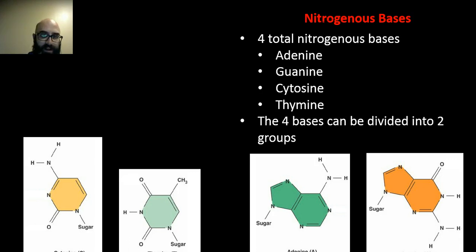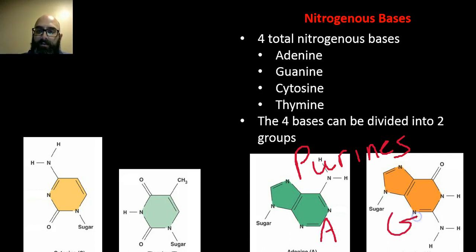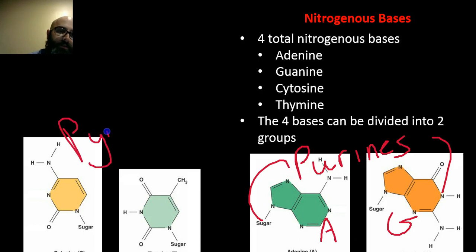The purines are the ones that have two rings. So together, these two things form a category called purines. That would be the adenine and the guanine comprising the purine group. The other group that is composed of single rings is called the pyrimidines.